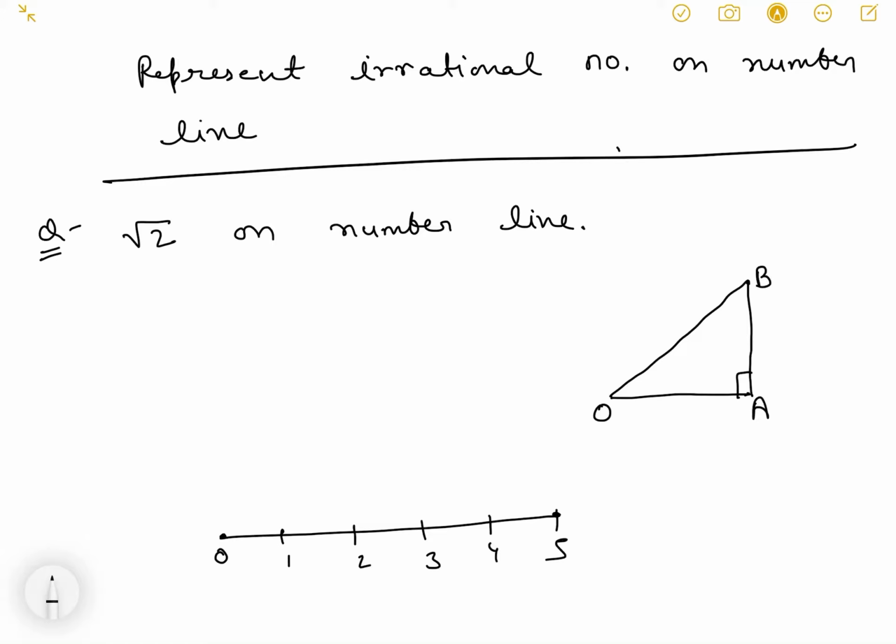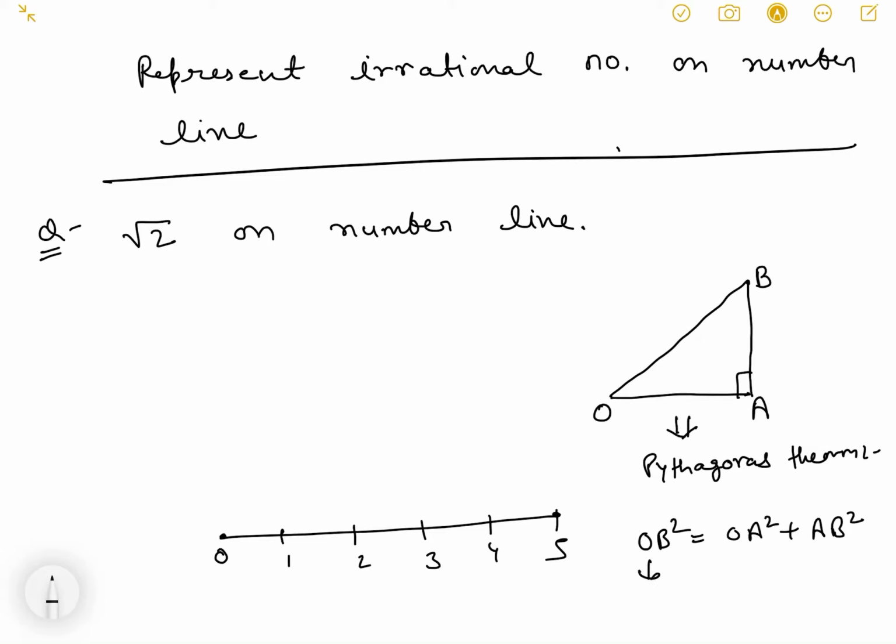Okay, so if we talk about the Pythagoras theorem, what does it say? It says OB square equals OA square plus AB square. What does it mean?